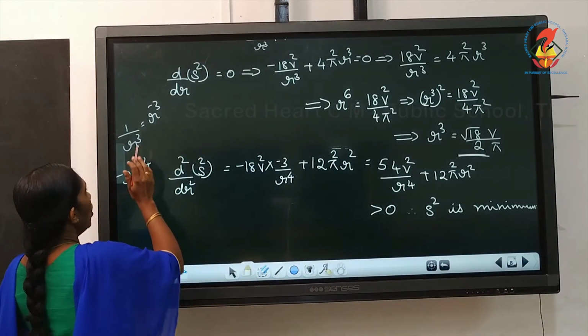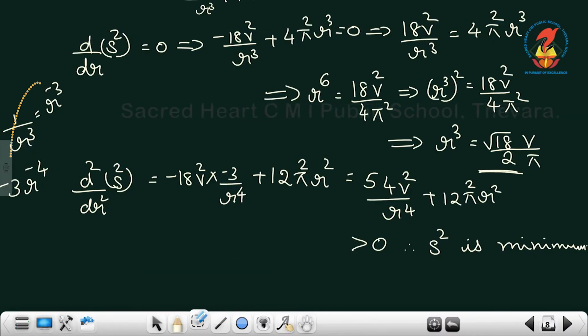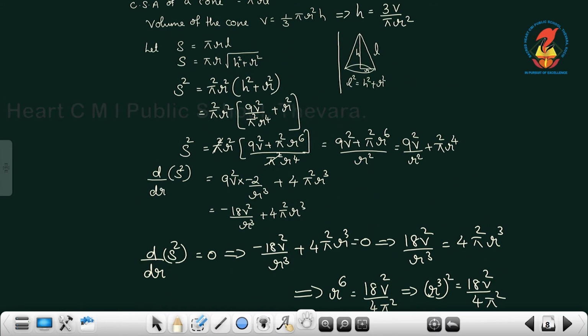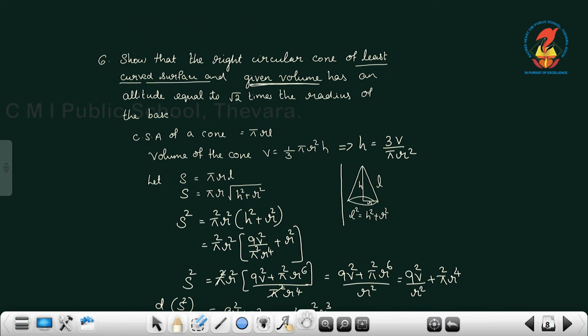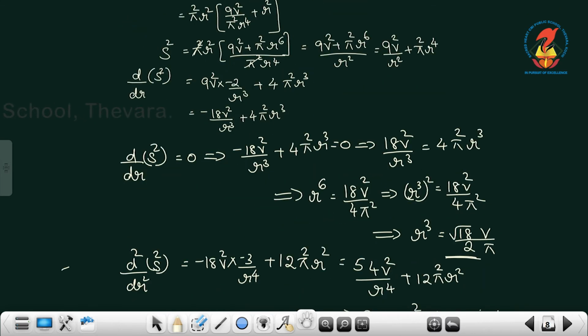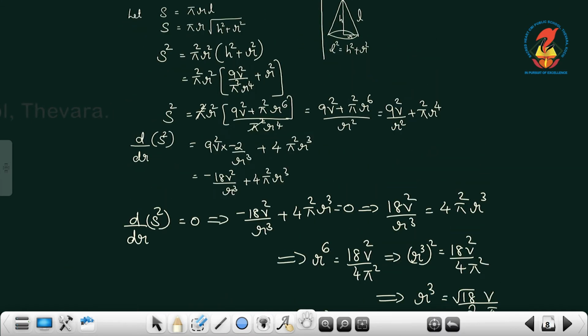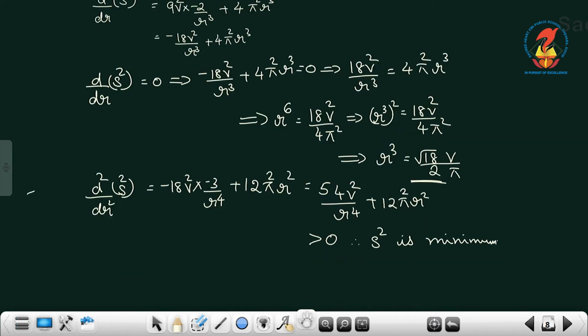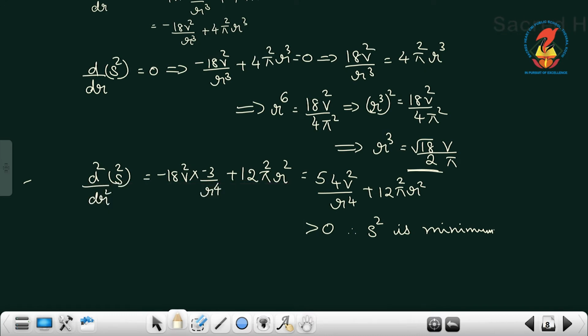We have to prove altitude h is equal to root 2 r. Once again you can read, altitude h is equal to root 2 times the radius. So take the expression for h. What is h? 3v by pi r square. Okay, that you have to take.